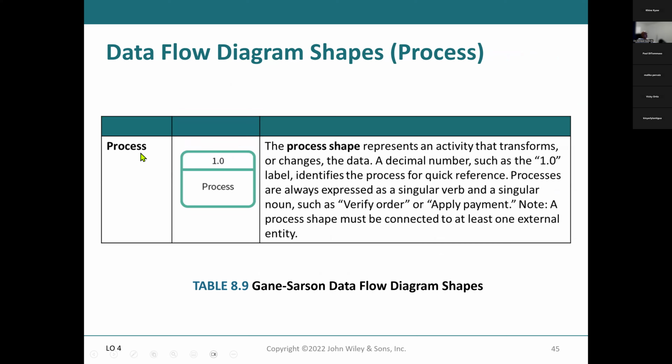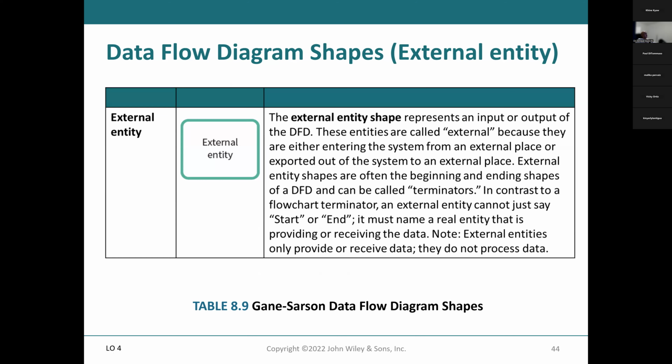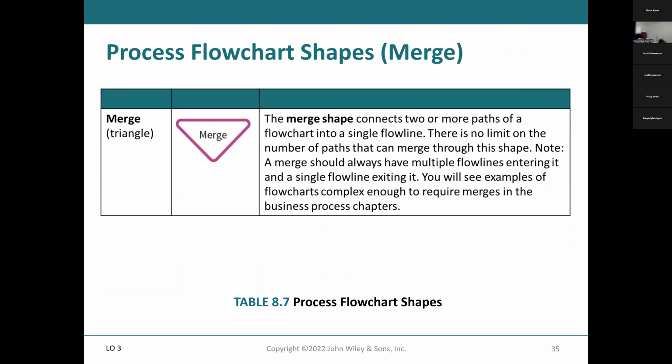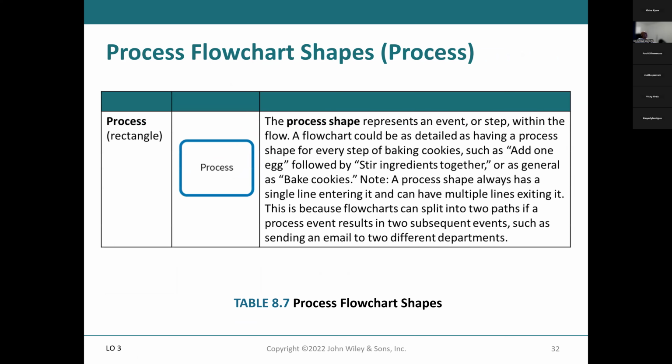Next, process. The process shape represents an activity that transforms or changes. So we had process before also. This was the process rectangle.